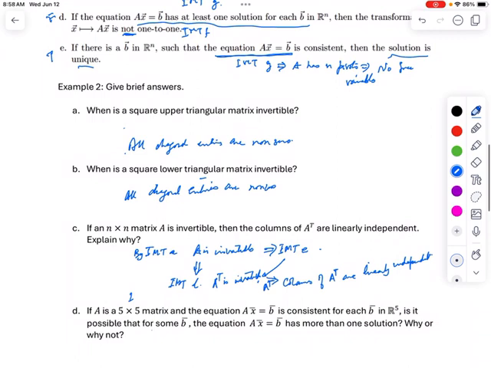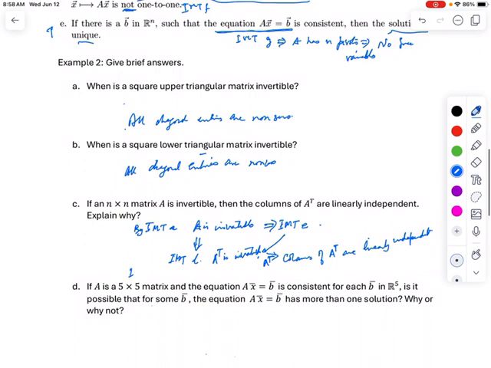So remember again, by IMT, if we have a 5 by 5 matrix, then the equation AX is equal to B is consistent for each B in R5, which means the statement G is true, that for each B we have at least one solution. So the question is asking, can it have more than one solution?